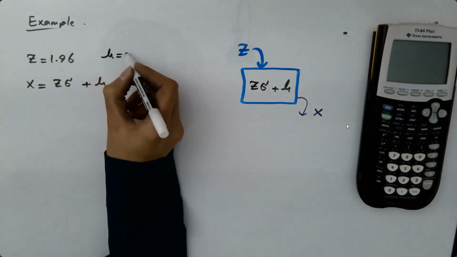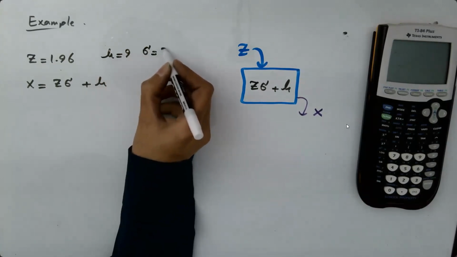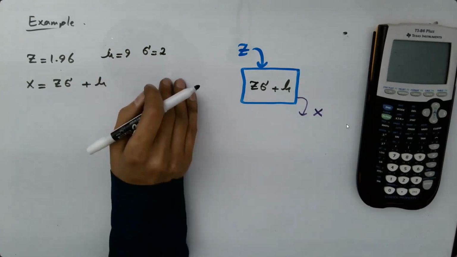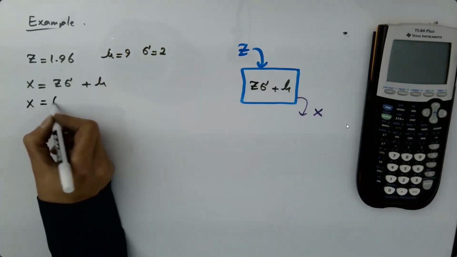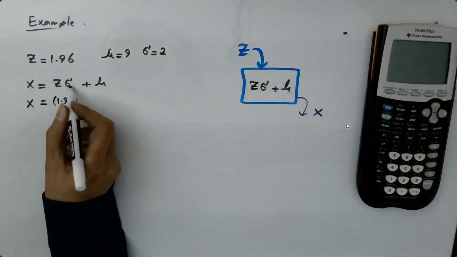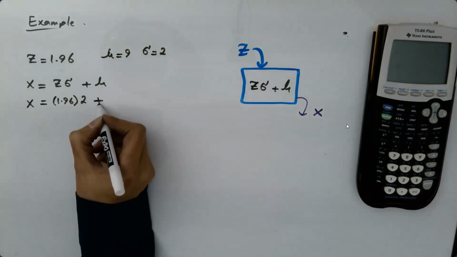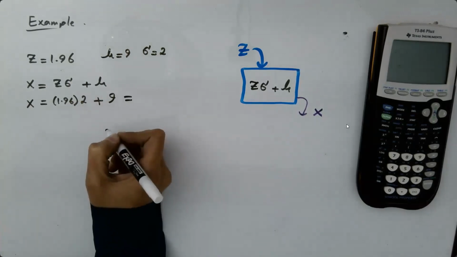Well, it says the mean weight is 9 and the standard deviation is 2 pounds. I have this information. So my x, the weight of the cat, is 1.96 times sigma, which is 2, plus the mean, which is 9. What is the weight of that cat?